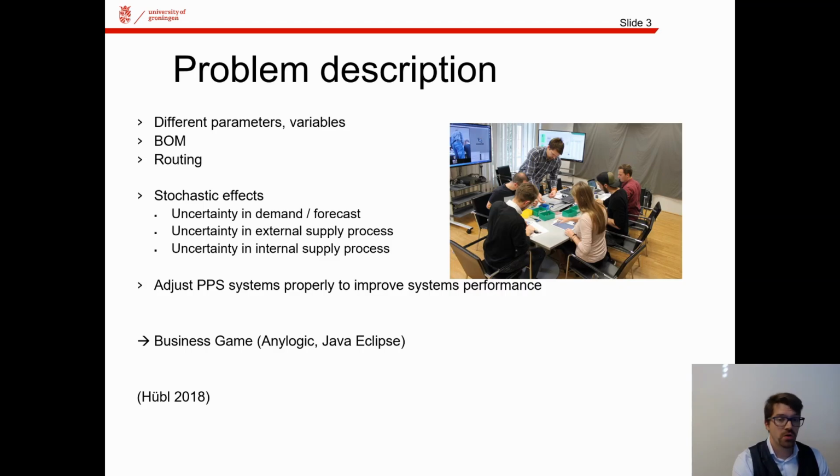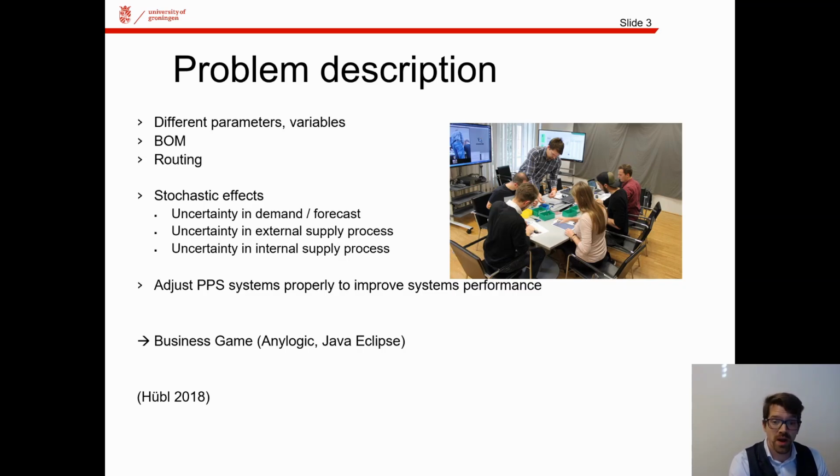In companies or supply chains, we have to deal with different parameters and variables. We have a bill of material, which is increasing over the years. The engineers, designers are developing new parts. That means most likely they are not always substituted, but they're additional, so the complexity will increase.